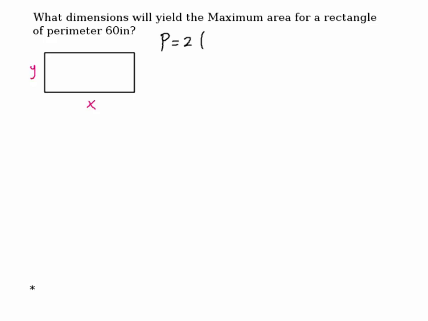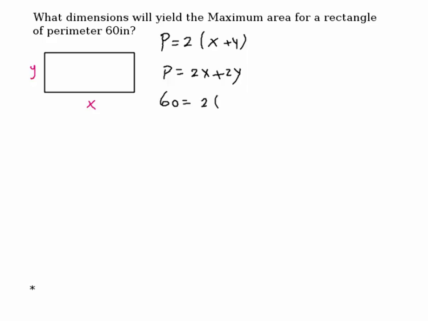So it would be 2 open parentheses x plus y, right? Or 2x plus 2y. Okay, so P is equal to 2x plus 2y. We know P is equal to 60.